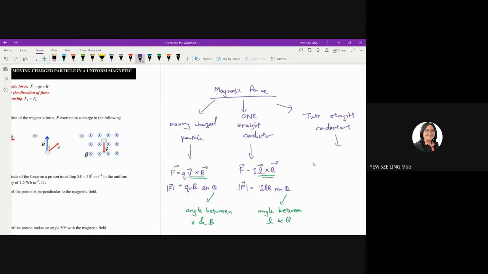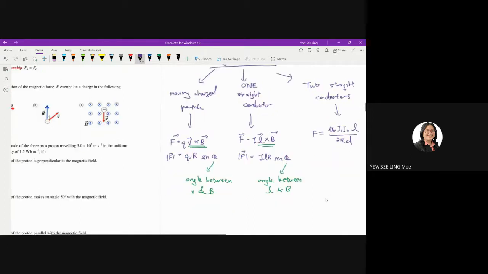The equation is F equals mu naught I1 I2 L over 2 pi D, the force between the two conductors. As long as you know which case you are looking at, you know which equation to use. And of course, you need to determine the direction.